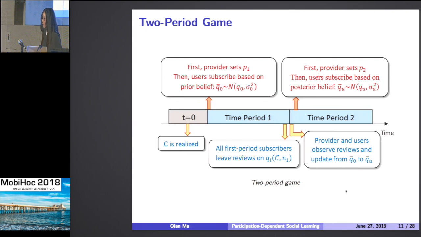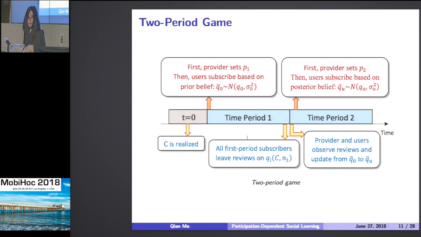I will introduce it in detail later. Then the provider will first set P2, the second period price, and the users then decide to subscribe or not in the second period based on their updated posterior belief over the QoS, Q bar U.